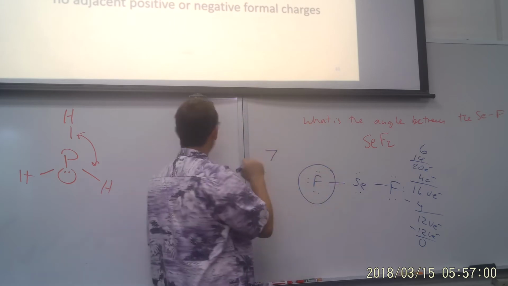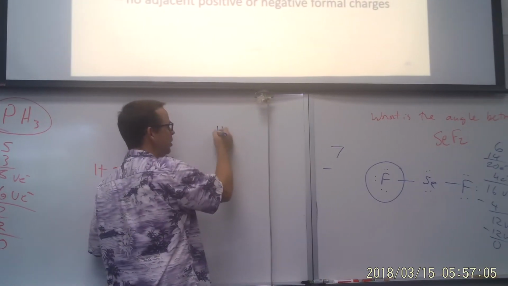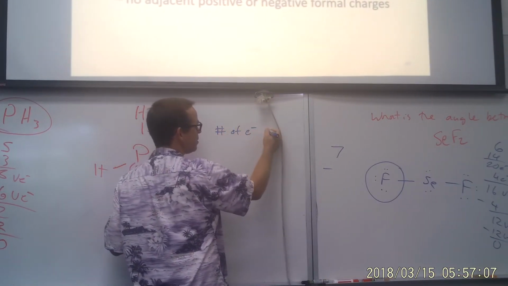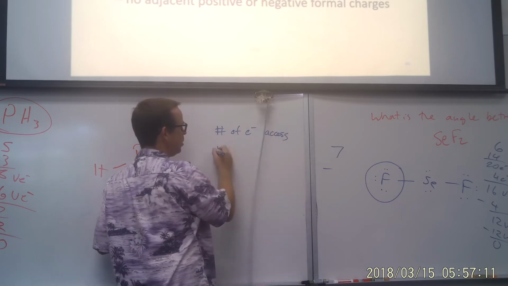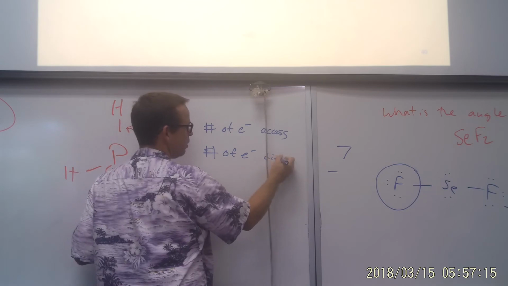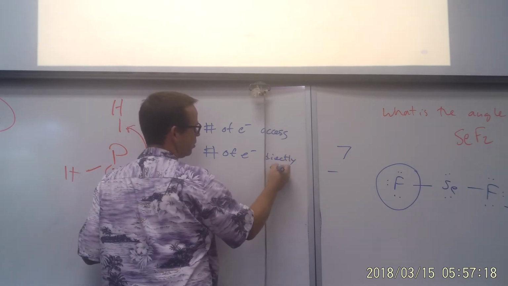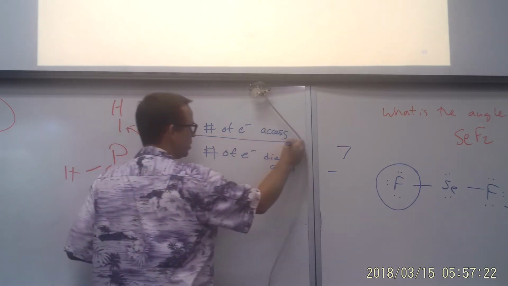So we have the number of electrons that we have access to and the number of electrons directly around. Listen closely to those differences.